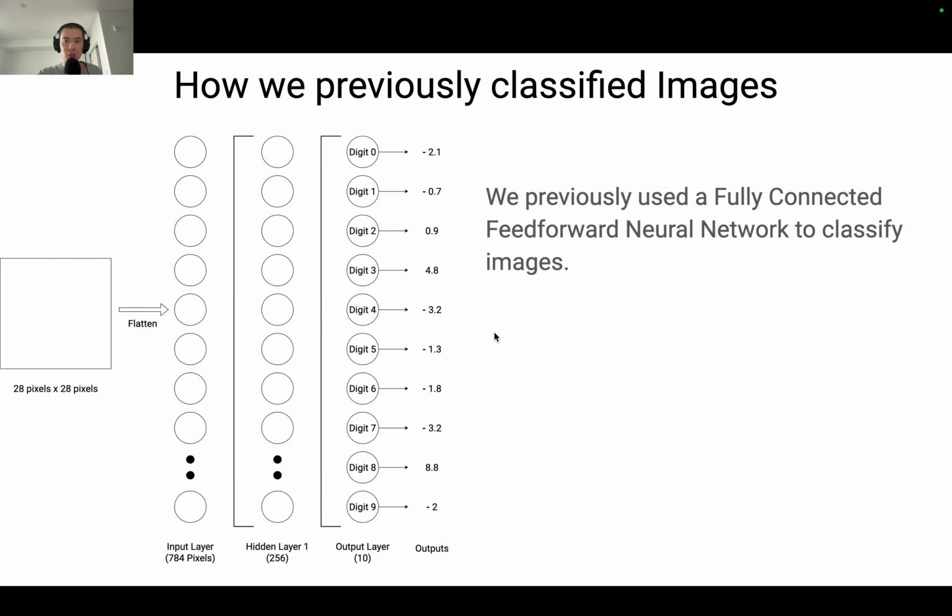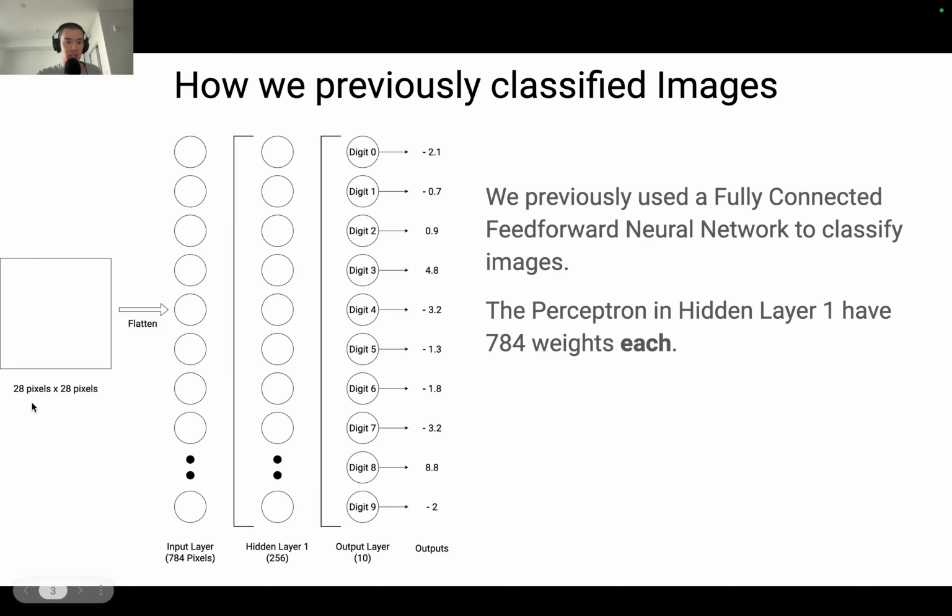We previously used a fully connected feed-forward neural network to classify images, and the perceptrons in hidden layer 1 have 784 weights each. So we worked with an image of 28 pixels by 28 pixels, which we flattened to one dimension, and 28 times 28 gives us 784 pixels.